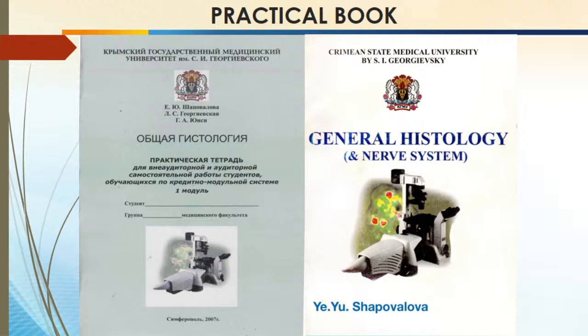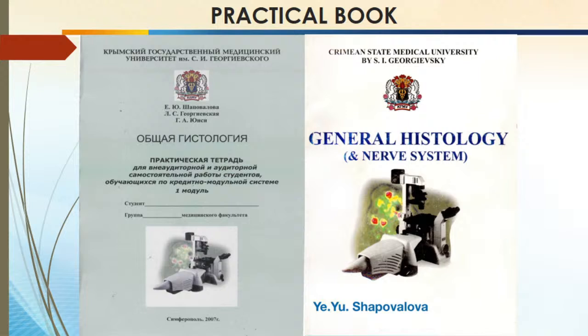Okay, next, these are special books and a practical book which are presented for students to study. For example, the main book of our department is General Histology and Nerve System. The author is Elena Yurina Shapovalova. And also we have here the practical book for everyday home tasks.